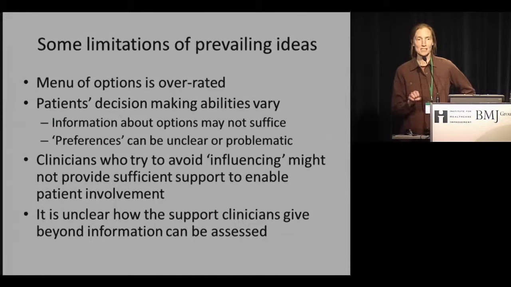But I think sometimes it's overrated in terms of what it can achieve in respecting people's autonomy and enabling people to be autonomous. The current model of thinking, certainly that way of thinking about respecting autonomous choices, seems somehow to obscure the complexities that arise if we recognise that people's abilities to make decisions vary.